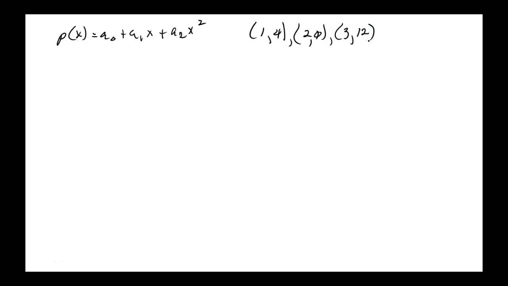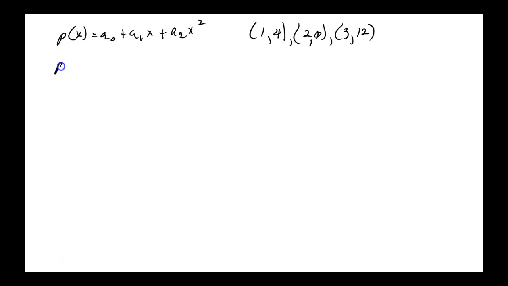Okay? Now, 3 points. You want a polynomial of degree 2, 1 degree less than the number of points you have, that'll work.